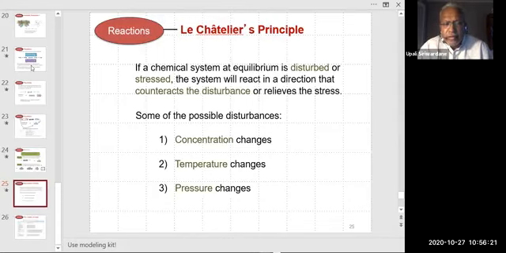If you increase the temperature of the equilibrium, depending on whether the reaction is exothermic or endothermic, it will shift toward the side that counteracts the temperature increase. Pressure changes cause the system to shift in the direction where the number of particles changes. If the pressure is increased, the system will shift in the direction where the number of particles decreases.